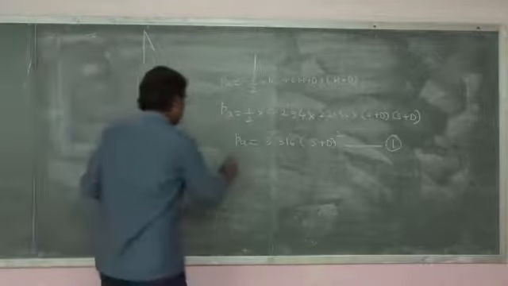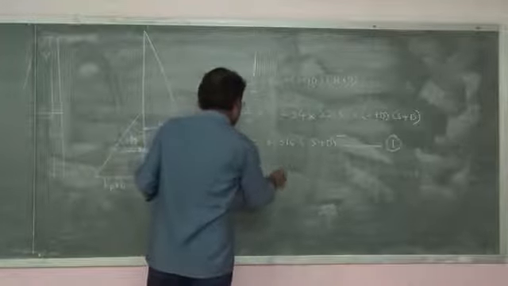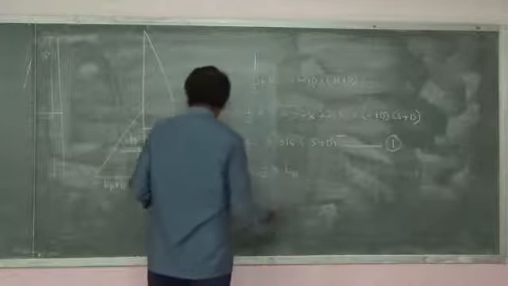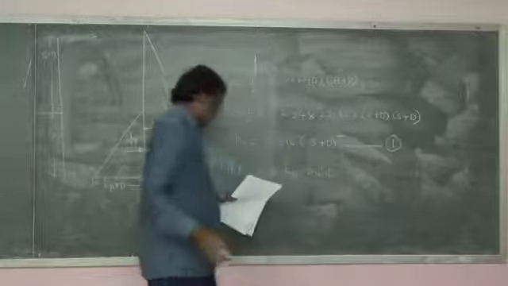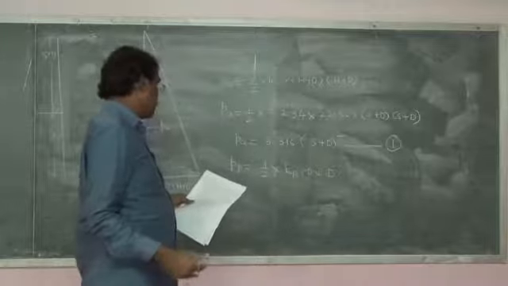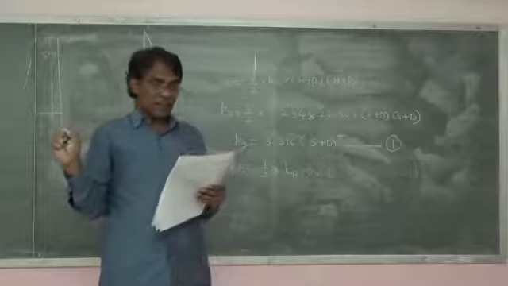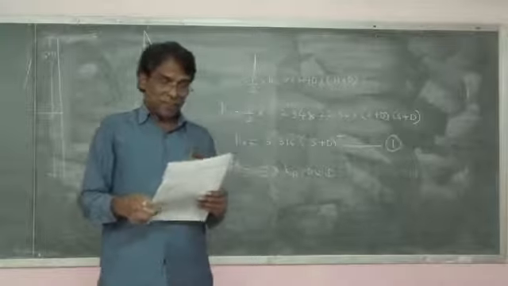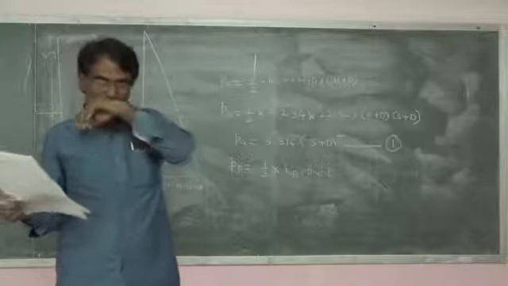Similarly, small pp is equal to 1 by 2 Kp gamma D into D. But in the question it is given that the passive resistance should be taken as 2 by 3rd of the theoretical resistance.